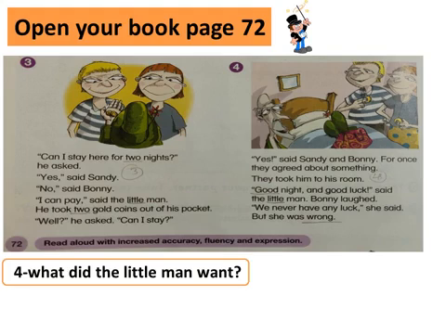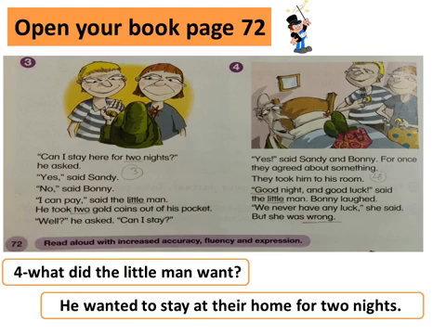Okay, so what did the little man want? He wanted to stay at their home for 2 nights. At the beginning, the boy and the girl didn't agree, and one said yes and the other said no. And then when the old man gave them 2 gold coins, they agreed.